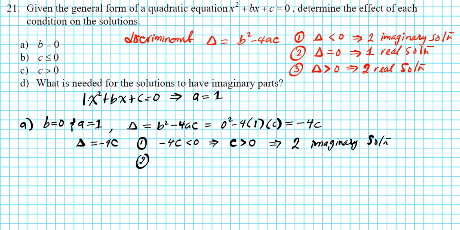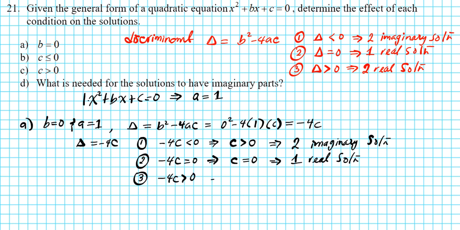Let's take a look at a second case. Negative 4c equals 0. Is the solution to this equation defined? The answer is yes. If you divide by 4, you have c equals 0, and this means that you have one real solution. Case number 3, negative 4c greater than 0.